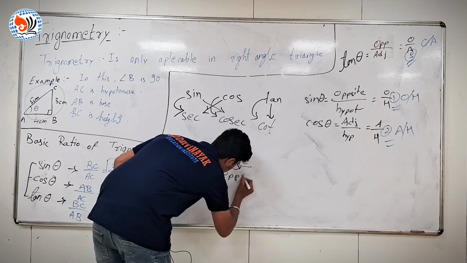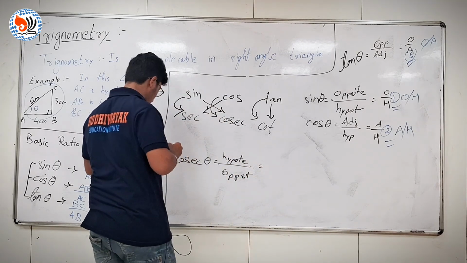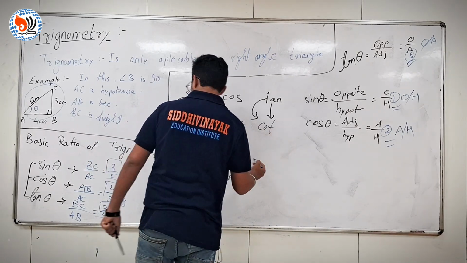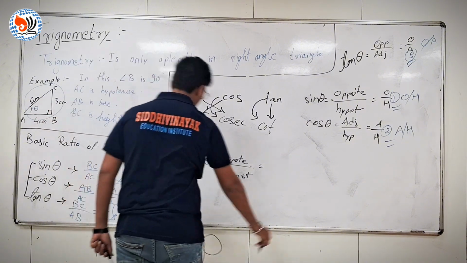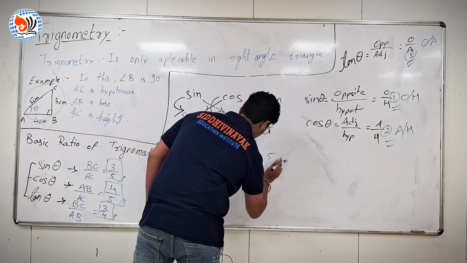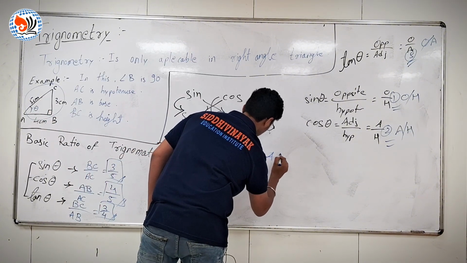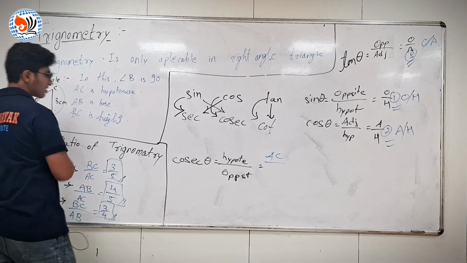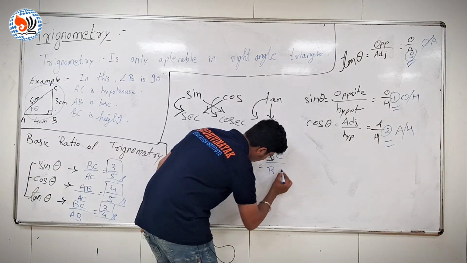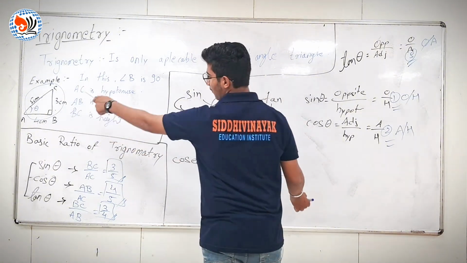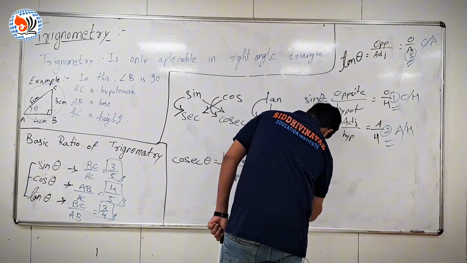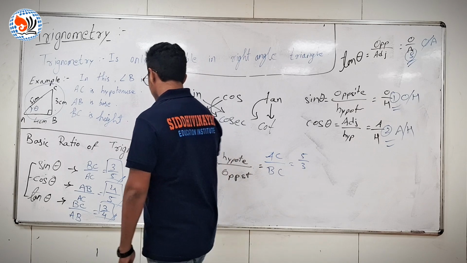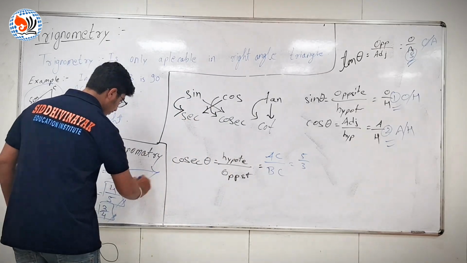Hypotenuse upon opposite side is equal to hypotenuse AC upon opposite side BC. AC upon BC. The value will be 5 by 3, just the reciprocal of this.